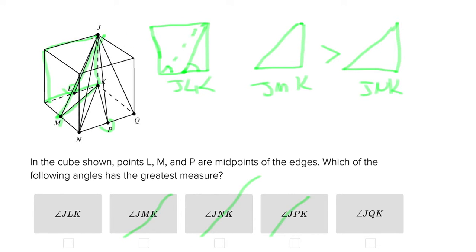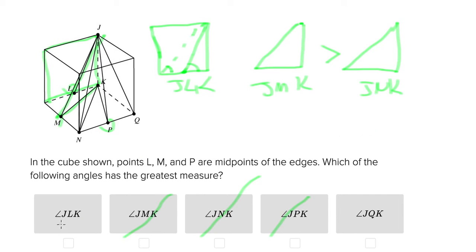And because this here is a little bit taller, since it is not as drawn out as JMK or JPK, and definitely not as drawn out as JNK, we know that JLK is going to have a greater measurement. So we're going to keep this one there for now.